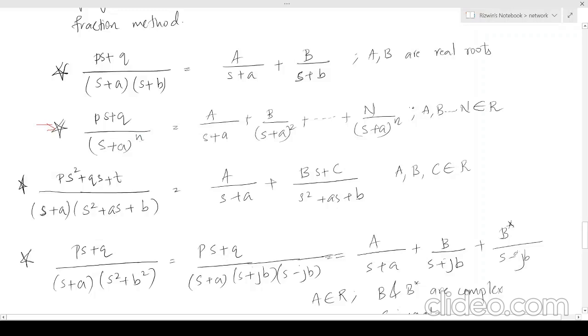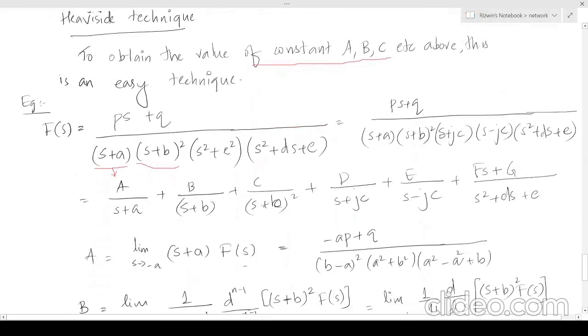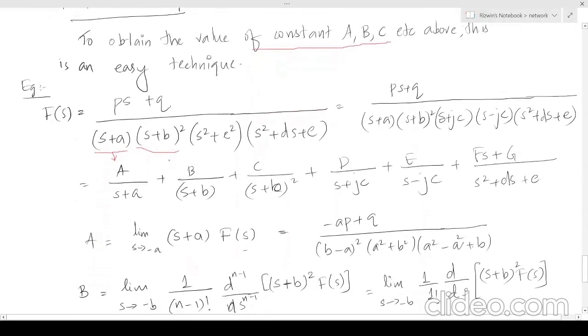Now you are splitting into A by s plus a. Similarly, here we have two terms, B by s plus b plus C by (s plus b) square. That's the partial fraction form of the term (s plus b) all square. Now you could see s square plus c square, and it naturally has complex roots s plus jc and s minus jc.